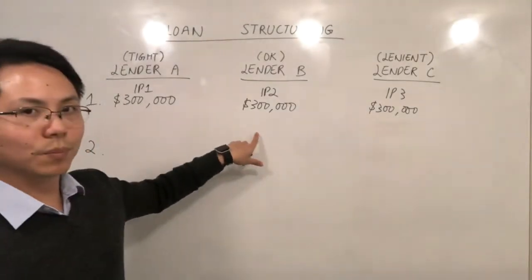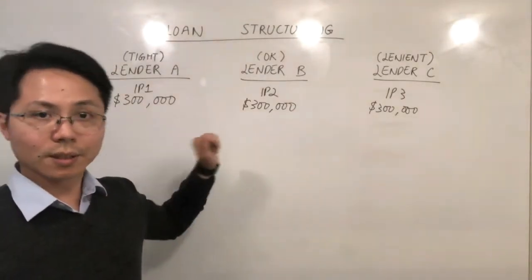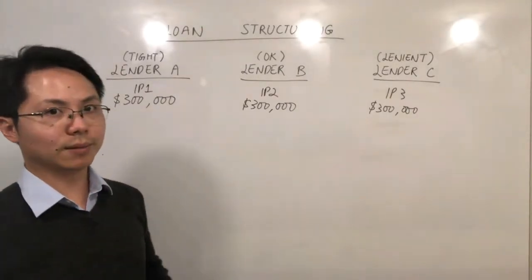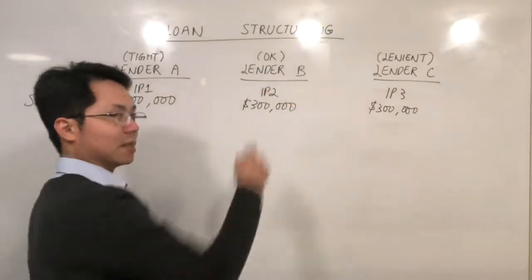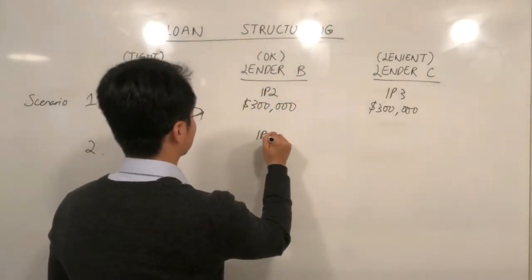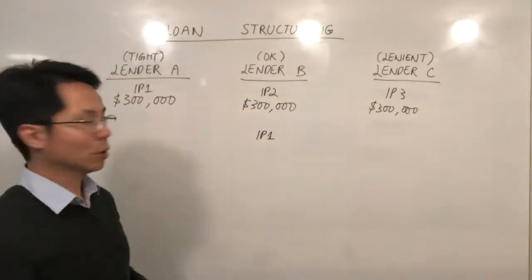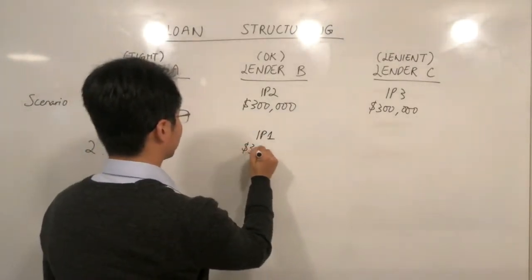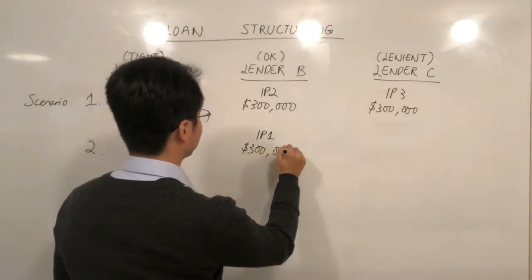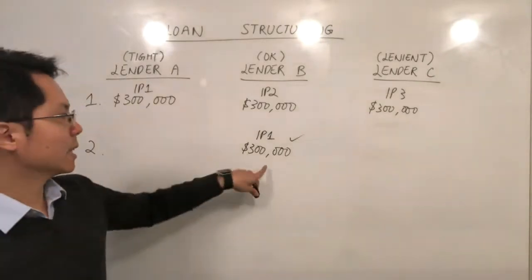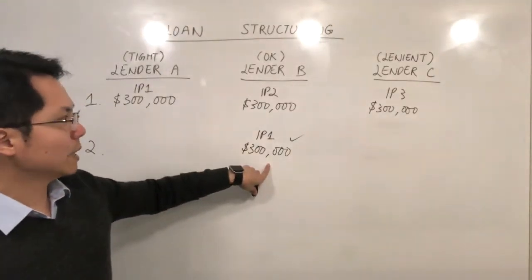Let's say today he didn't decide to see a mortgage broker and he decided to just go and see the bank himself, okay? So he went to see lender B first, and he wants to buy his first property. Okay, cool. So he took out $300,000 with lender B. Excellent, that's a tick.